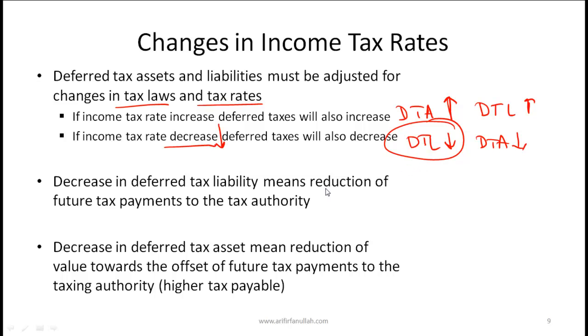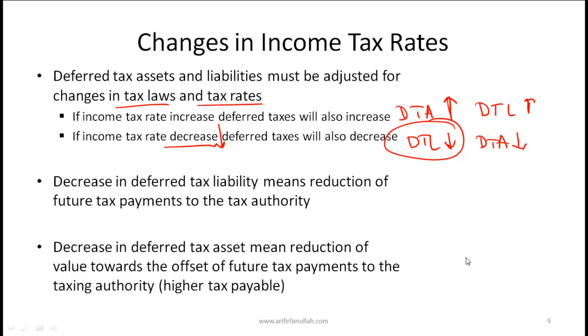So that's a good thing. This means a reduction of future tax payments to the tax authority. So when you have a deferred tax liability and the tax rate goes down, that's good news. A decrease in deferred tax asset means a reduction of the value towards the offset of future tax payments to the tax authority. So this is not so good news.